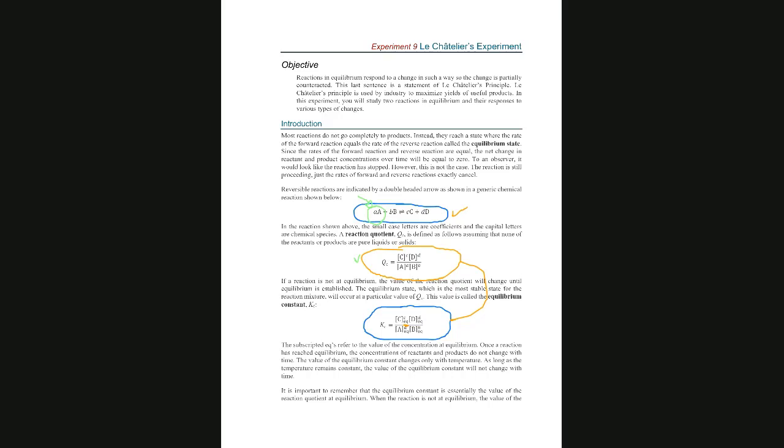Then, because the concentration of A is higher, I want you to tell me how the value of QC is going to be when I add more A. Look at A. A is in the denominator.